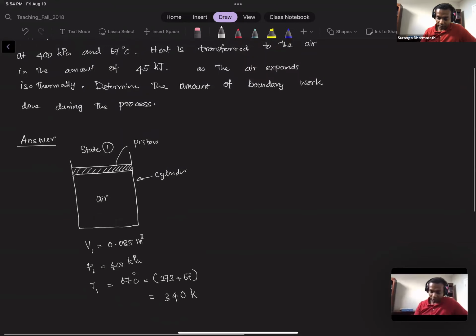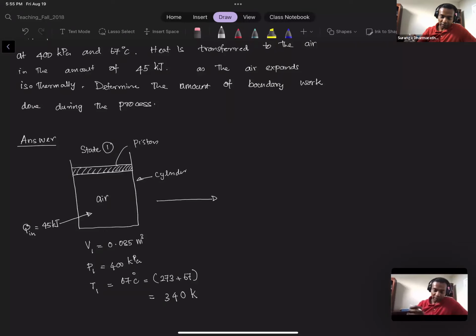And now the heat is supplied. How much heat is supplied? I denote heat supply by Q in, which is equal to 45 kilojoules. And during this, air expands isothermally.